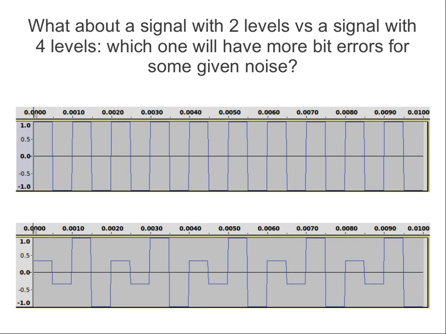Of course, it's received at a different level because of noise. If the received value is greater than 0.66, the receiver will think it's level 1. If it's less than 0, the receiver will think it's level 3 or even level 4. So anything outside of this range is an error. And 0.33 is the difference between here and here, and also between here and here.